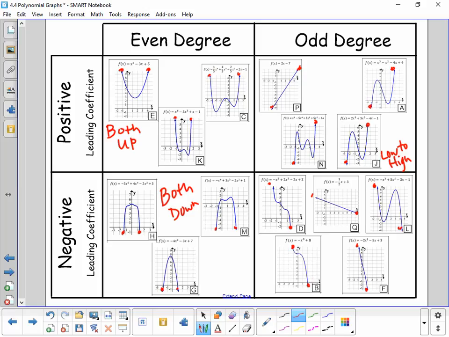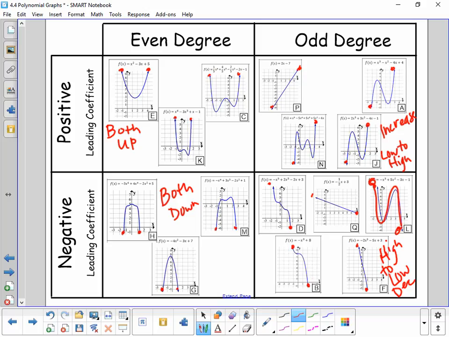Now they might have a squiggle in between, like this one squiggles, but overall they start really high and go low, so they're decreasing. So overall, they increase or decrease if they have an odd degree.